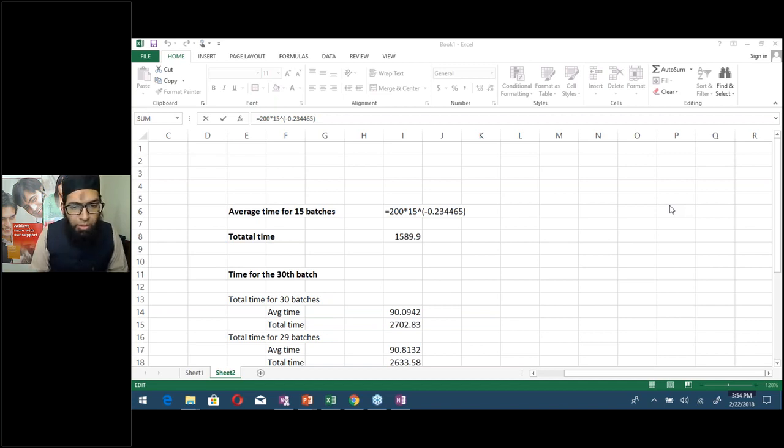Omar Yasin has asked me, what about multiplying 45 with the difference? Here, if you multiply 45 units with the difference, this will be the total labor hours for the units after 30 units.